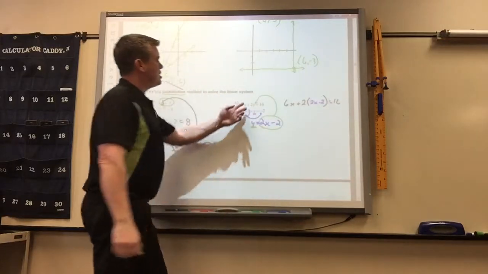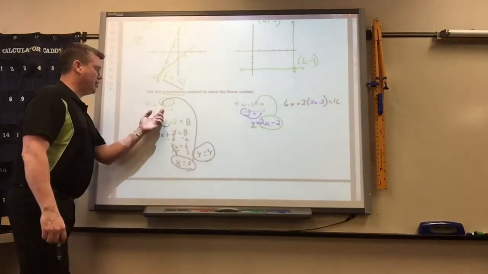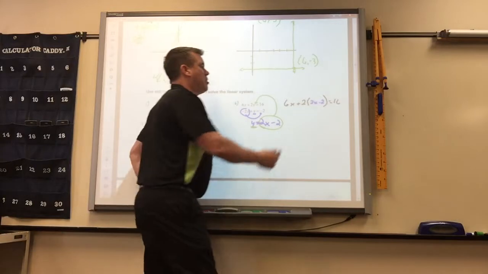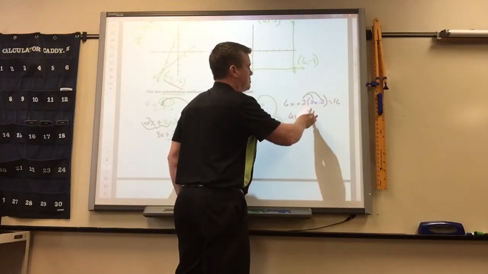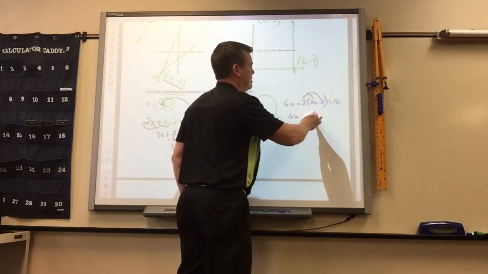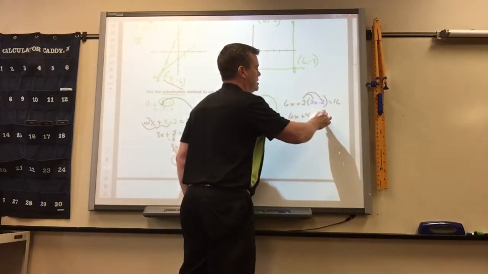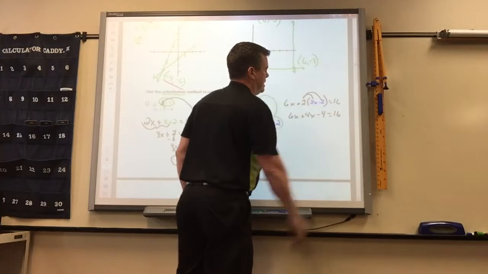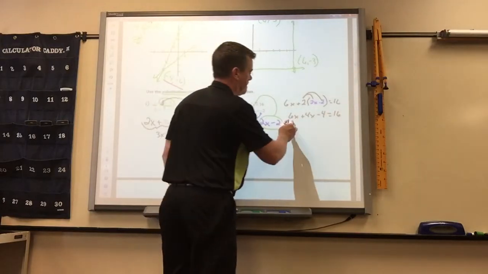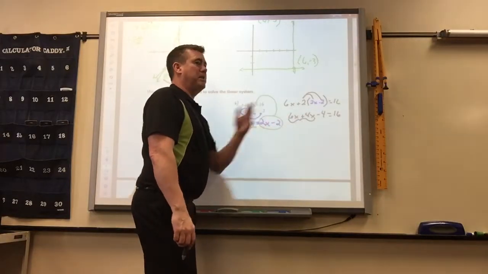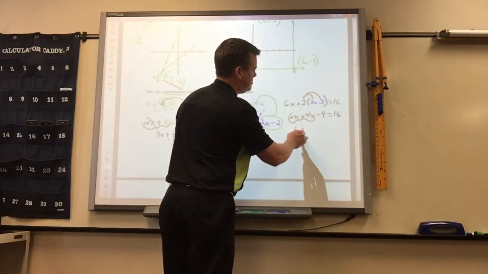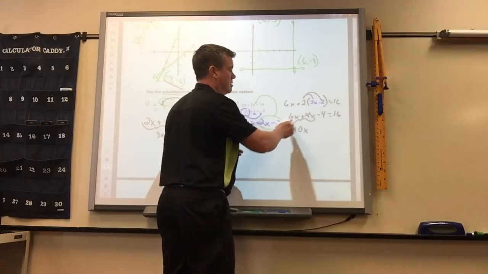So on these, if there's a number up against the letter, here there wasn't, you have to multiply that number through. So 2 times 2x is positive 4x. 2 times -2 is -4 equals 16. So this one, you can combine the x's. That makes 10x.